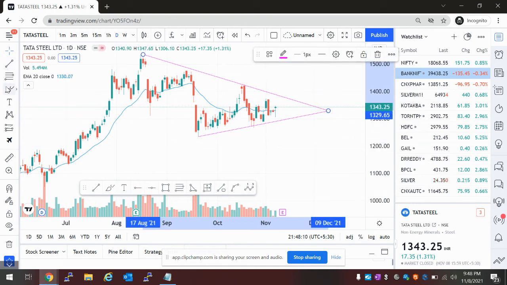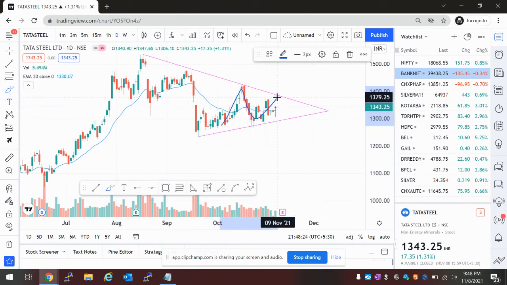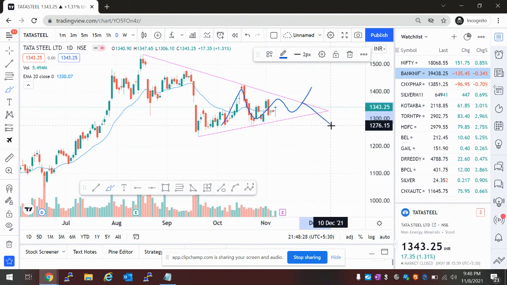Remember, if Tata Steel breaks this, then it will be better to exit your position and wait until you get a buy signal again. Or else what is expected is that it will test and come back, or test and fall down.